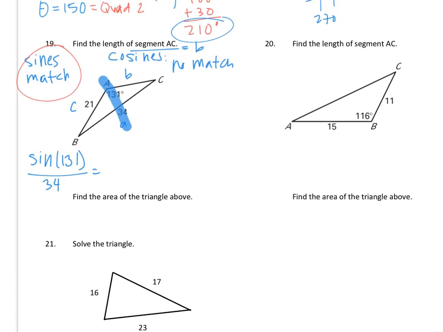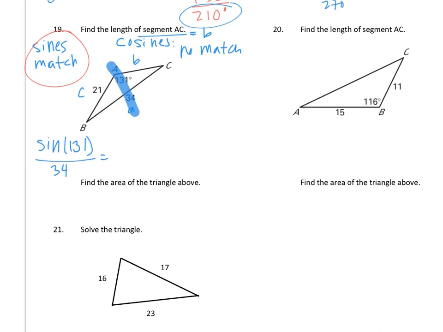So we've got sine capital C over lowercase c, 21. And we've got to do some cross multiplying here. So I'm going to skip a step a little bit because I'm a tiny bit worried about space. So cross multiply, we would have the 21 times the sine 131, and then the 34 would be on the bottom.